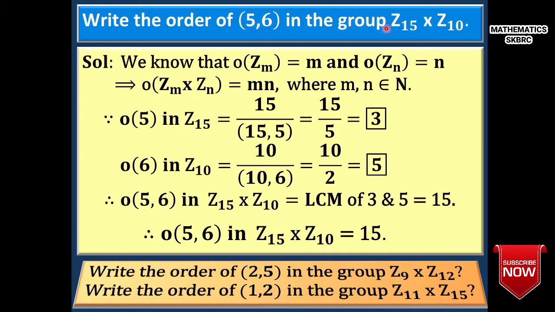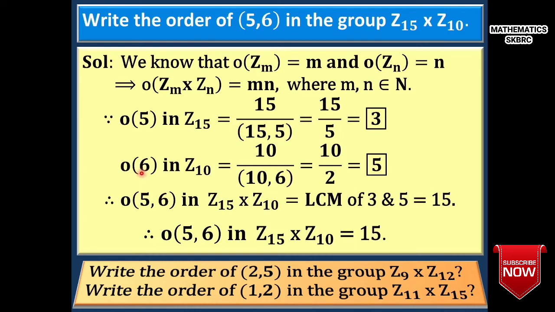Here 5 belongs to Z15 and 6 belongs to Z10. The order of 5 in Z15 is equal to 15 by the GCD of 15 and 5. GCD of 15 and 5 is 5, that is equal to 15 by 5 is 3. Order of 5 in Z15 is 3.